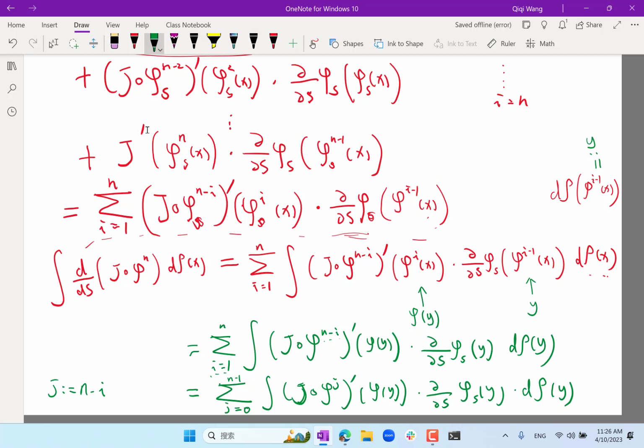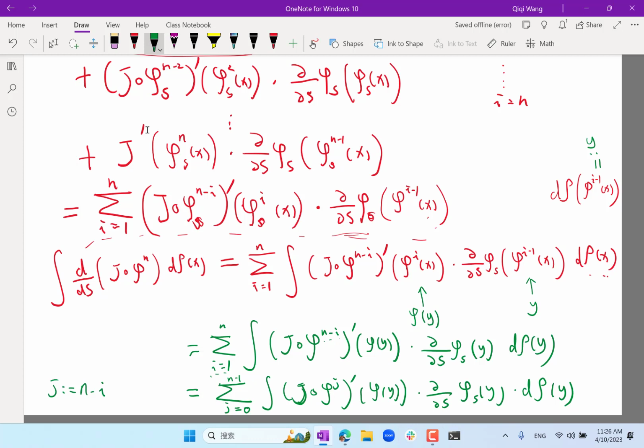So that's also another way. In the literature, you see more of that formula, where the partial derivative, the perturbation, is evaluated at the pre-image of y. Of course, that assumes the map is invertible. All right. Okay, any questions on this?